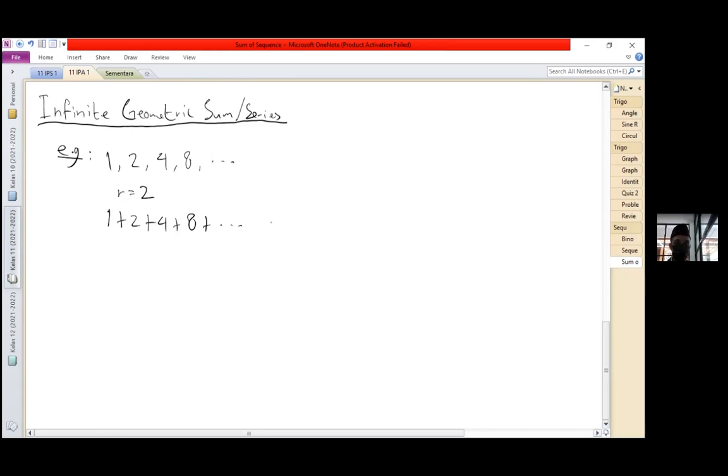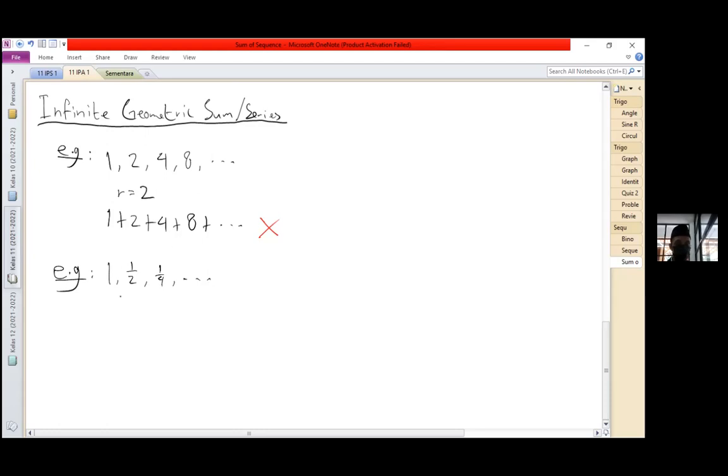In this case, this is not what we are interested in, because basically we cannot find their sum. But something like this. Let's see. For example, 1 and then 1/2 and so on.